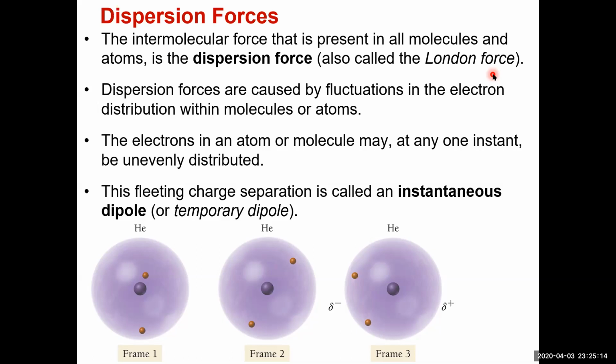And when they're unevenly distributed, these electrons are constantly flowing around. So this fleeting charge, which only happens for a moment at a time, but can happen over and over again very rapidly, this charge separation is called an instantaneous dipole, which means we have a very temporary dipole.